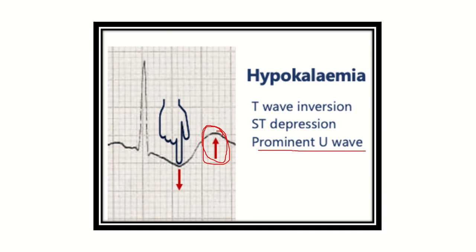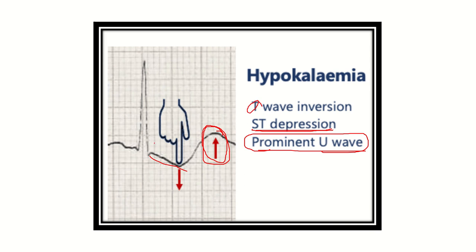So in hypokalemia there is the prominent U wave, then ST depression. This is the ST segment, and the ST segment is depressed, along with T wave inversion.